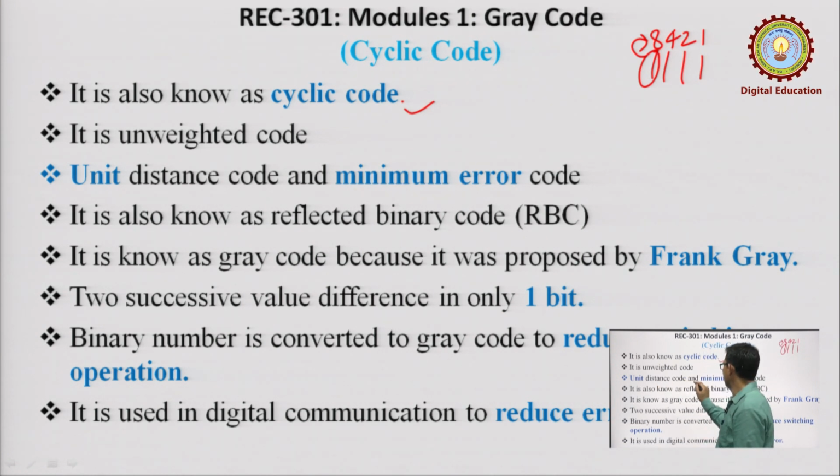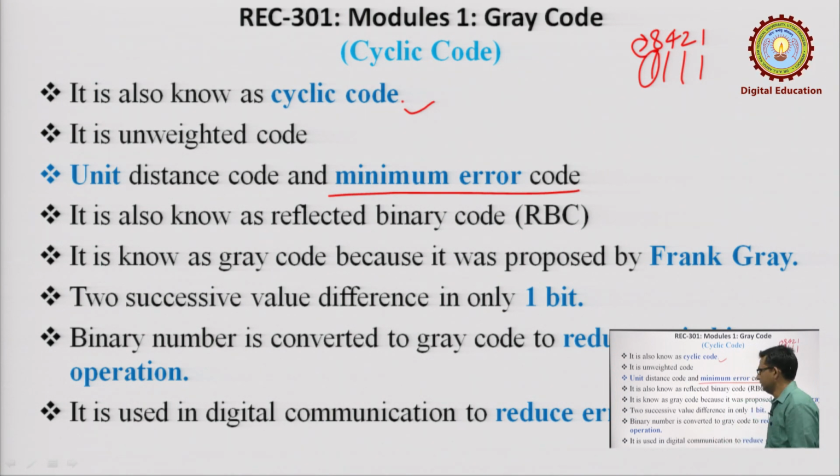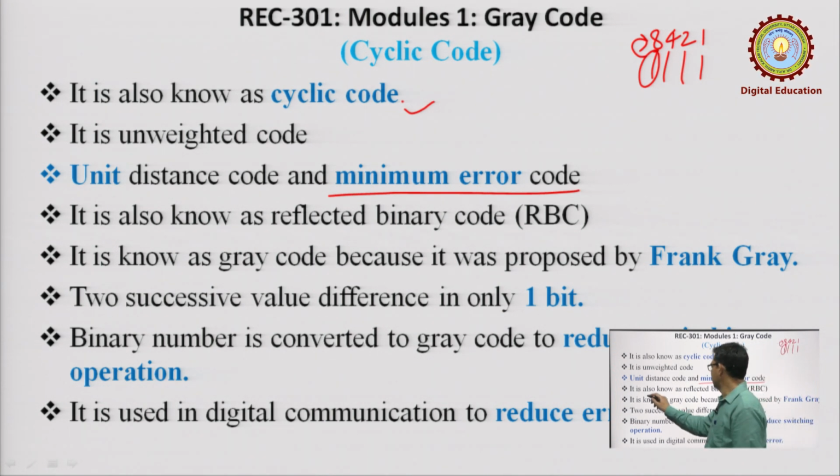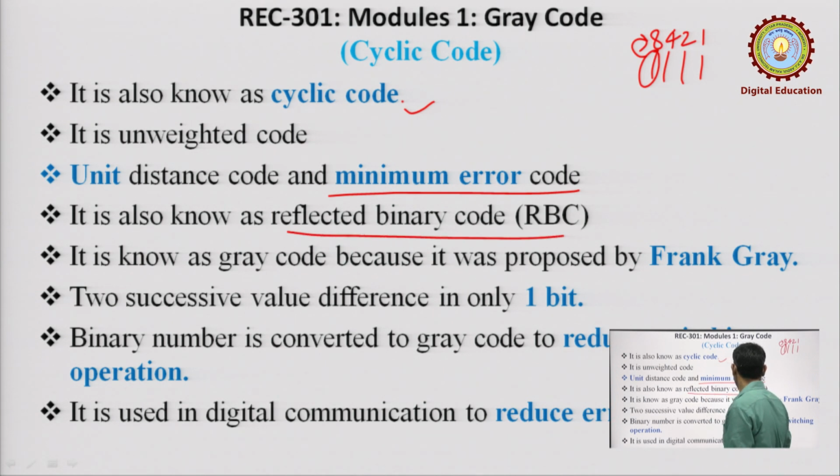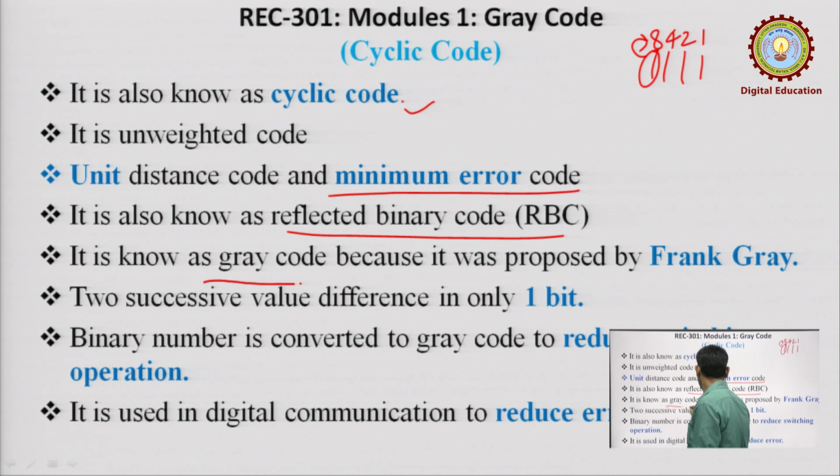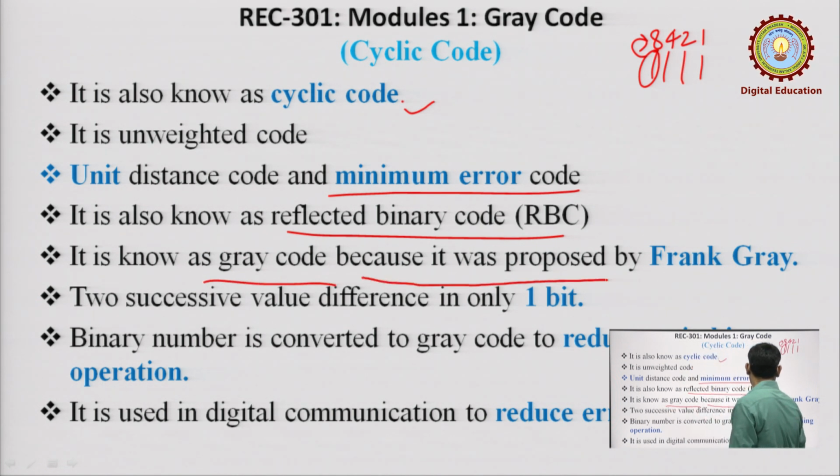Unit distance code and minimum error. So, this is used for error detection, because only one bit, one unit distance, will change whenever we go to the next value. It is also known as reflected binary code or RBC, also known as gray code because it was proposed by Frank Gray.